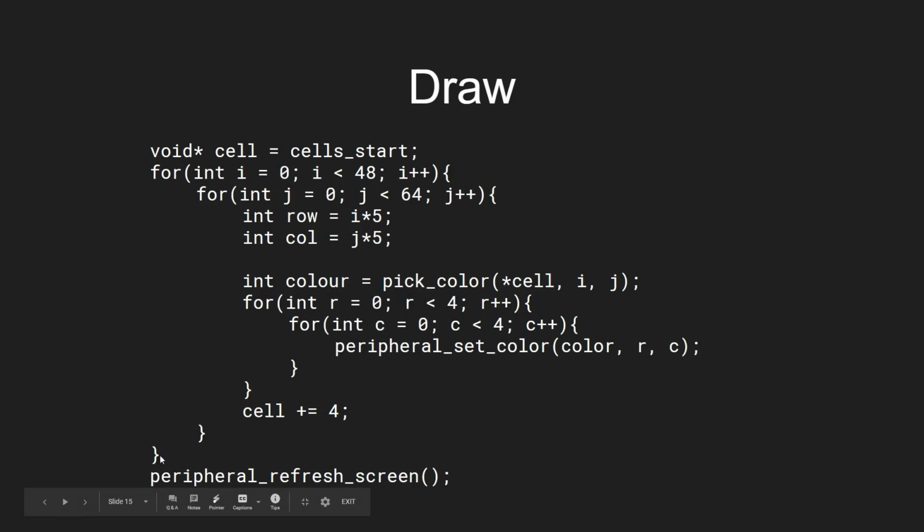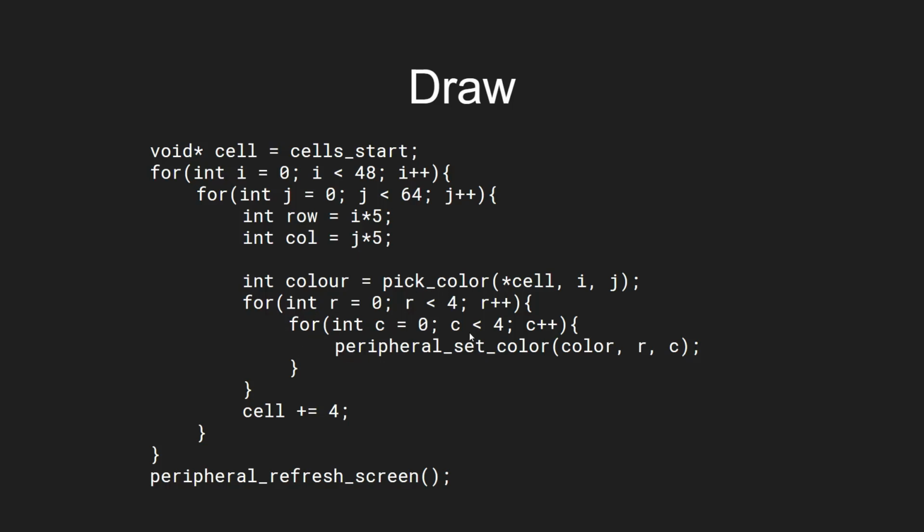In these for loops, we look at all the grid cells in the scene. There we will have the row and column positions, in pixel position, of our grid. And later, we will use our pick color function to pick a color according to its state and position in the scene.